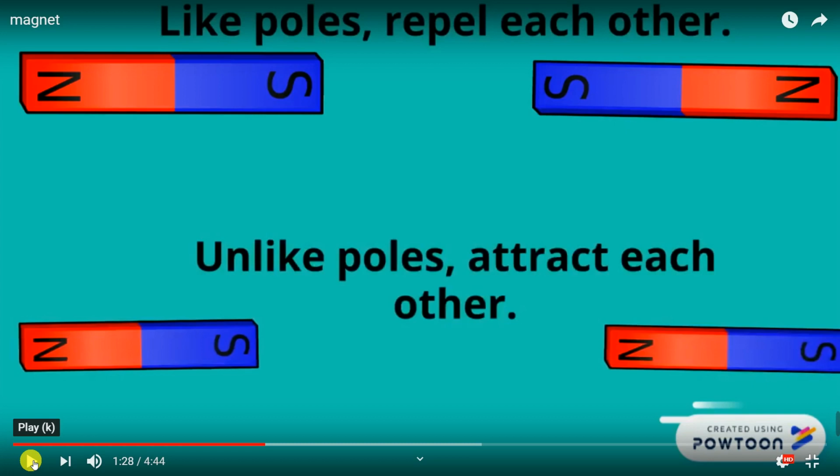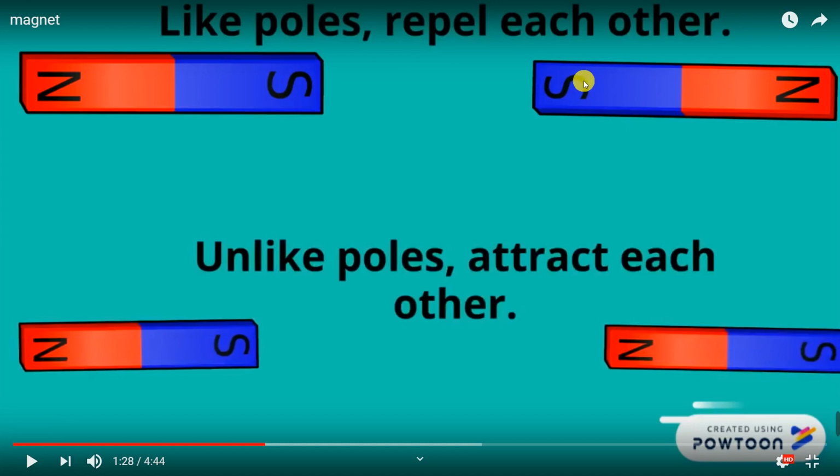What happens when we bring two magnets together? Like poles or similar poles repel each other. So if I put the south pole from a magnet with the south pole from another magnet, they repel each other.